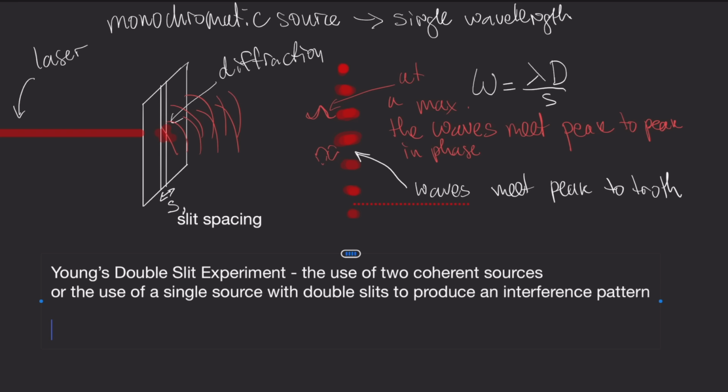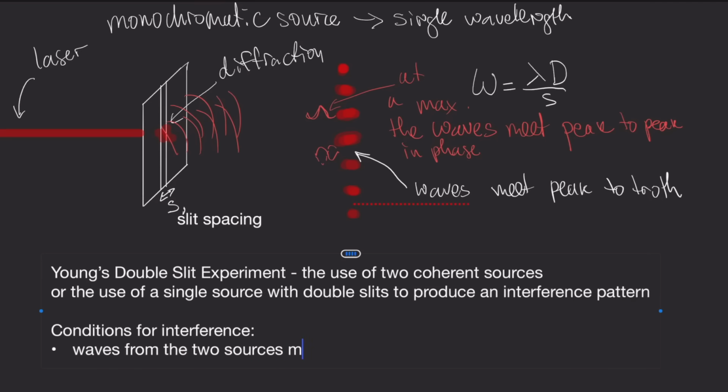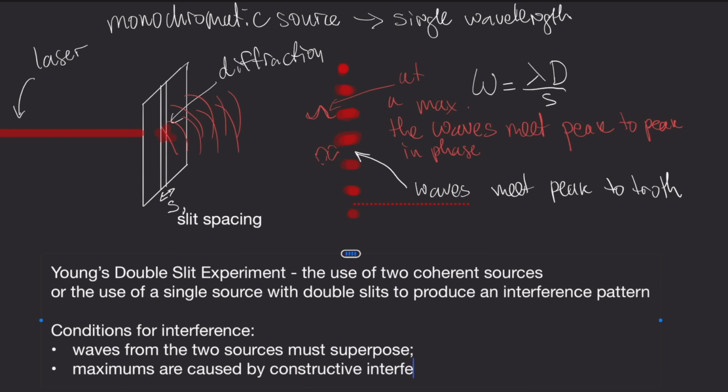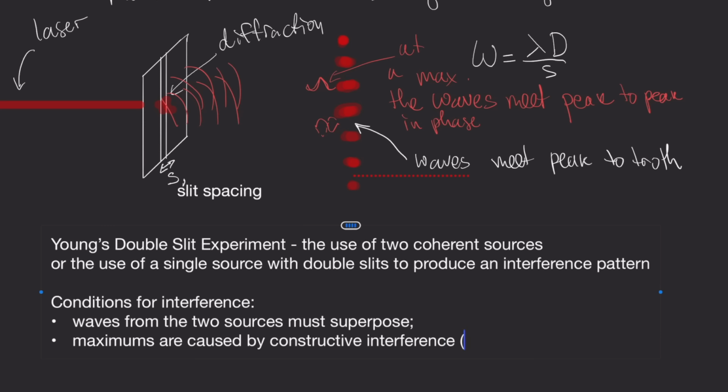We can summarize this into the conditions for interference. The waves from the two sources must superpose. Maxima are caused by constructive interference, and for that the waves must be in phase.